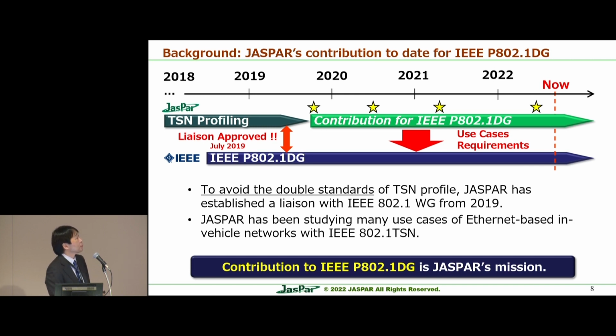We have contributed to the .1 DG from the point of view of the automotive use cases and requirements. Contribution to the IEEE P802.1 DG is JASPAR's mission.